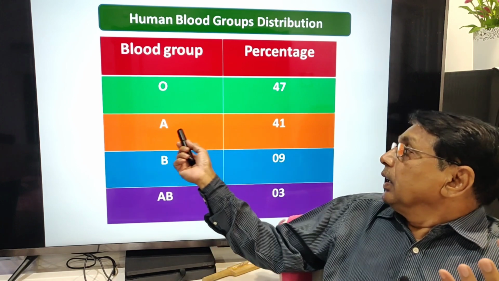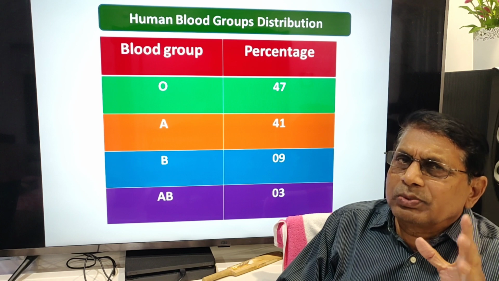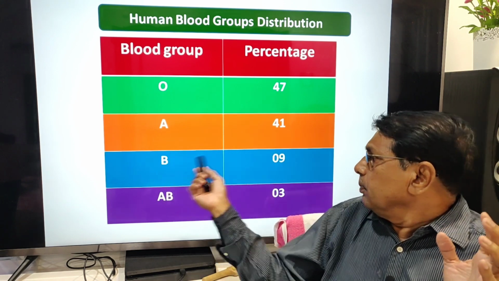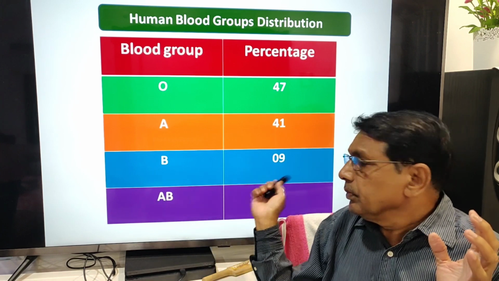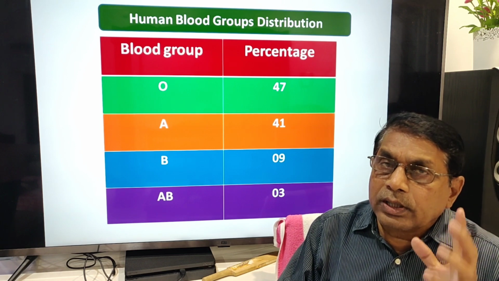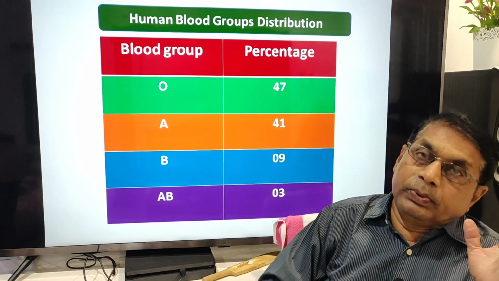Then A group, 41%. Most common blood group is O group. Later on, B, 9%, and the rare group is AB, only 3%. Among the four, the rare blood group is AB, and the most common one is O group.